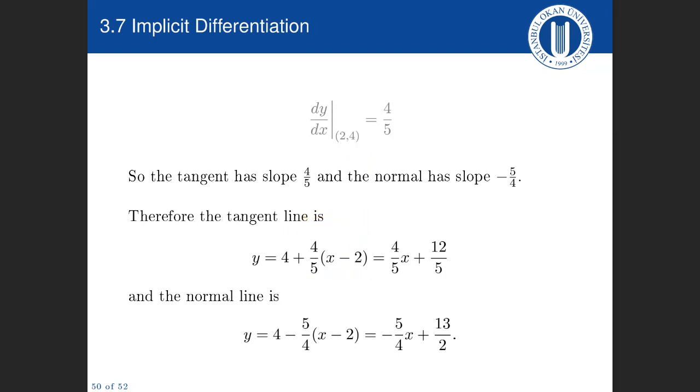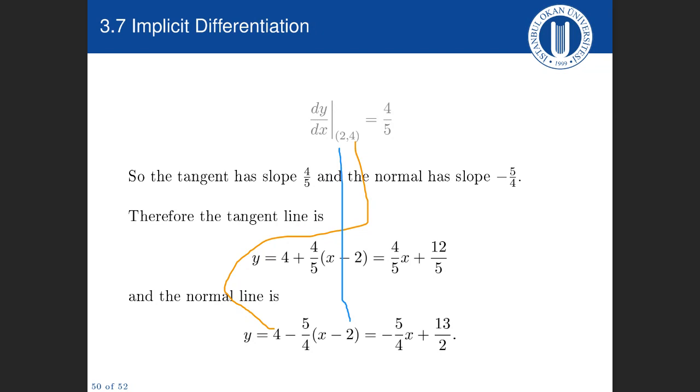For the normal line, we do the same thing. The only difference is we have a different slope. So still, y is equal to 4, and x is equal to 2. So it's still going to be 4 plus something multiplied by x minus 2. What is the something?